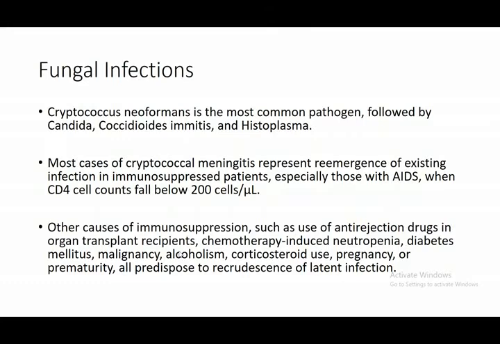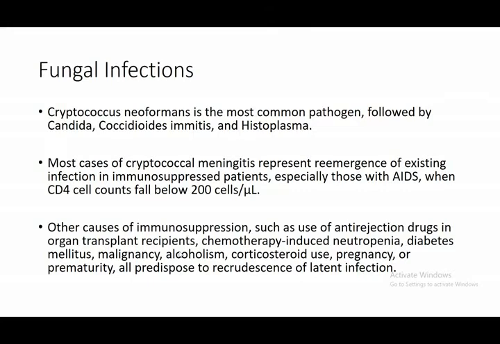Now coming to fungal infections. After common chronic CNS infection with bacteria, fungal infections are also common, especially Cryptococcus neoformans is the most common pathogen, followed by Candida, Coccidioides, Histoplasma. Most cases of cryptococcal meningitis represent re-emergence of existing infection in immunosuppressed patients, especially those with AIDS, when CD4 count falls below 200 cells.